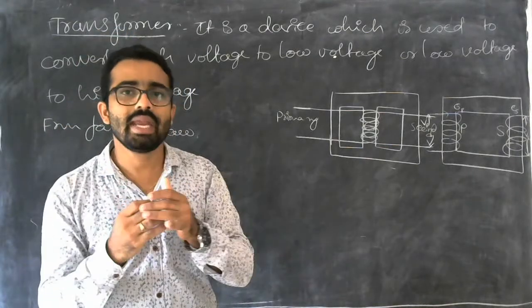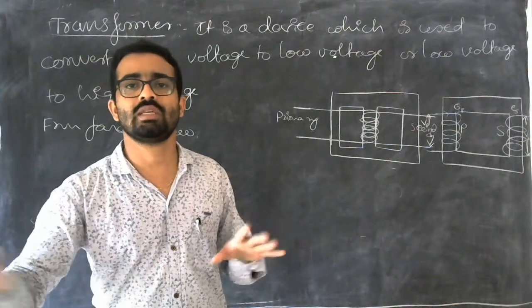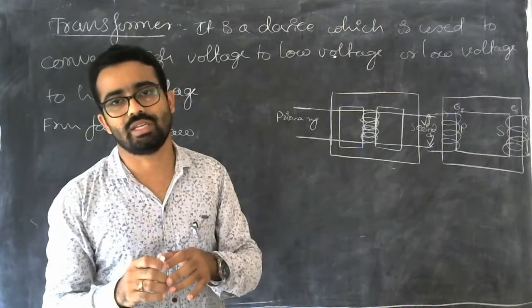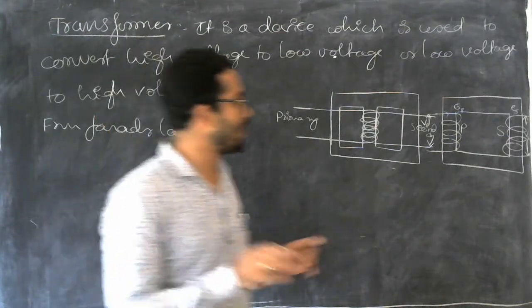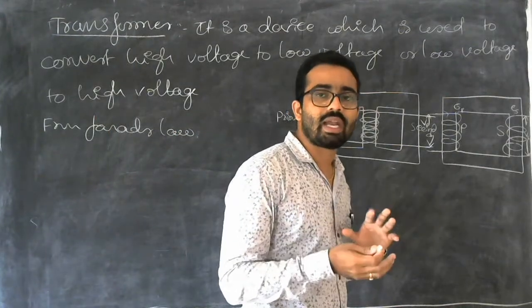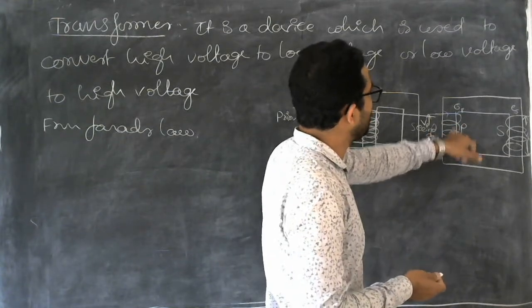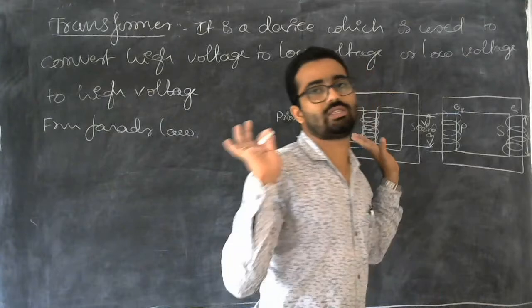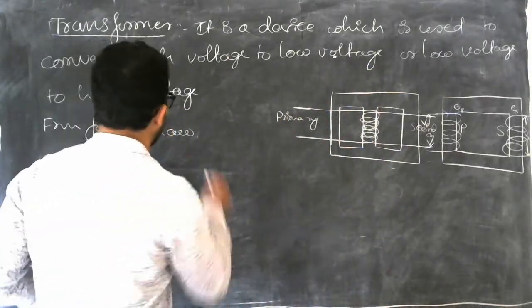So d phi by dt is always a constant. However many turns you take, d phi by dt is a constant. But which is varying? N is varying. That is why d phi by dt, magnetic flux per unit time, is the same in both coils. Okay? Let's write from Faraday's law.